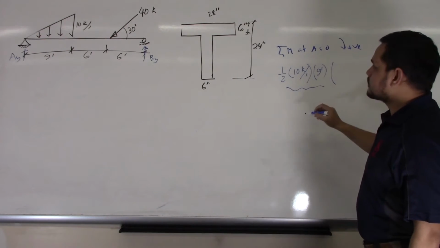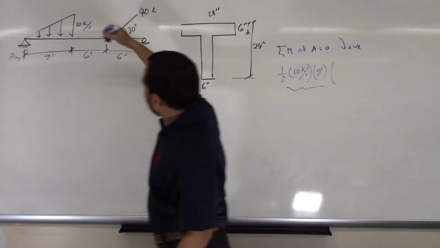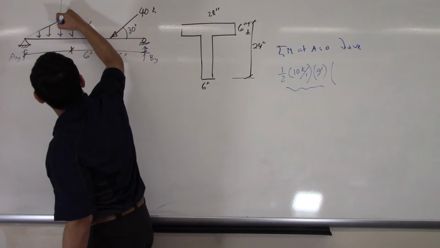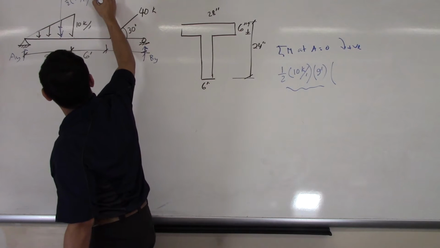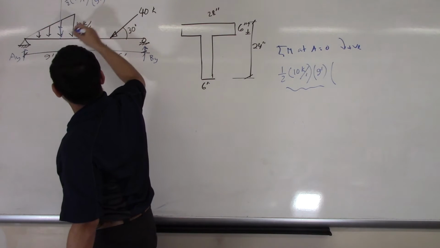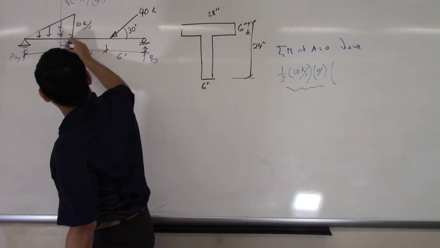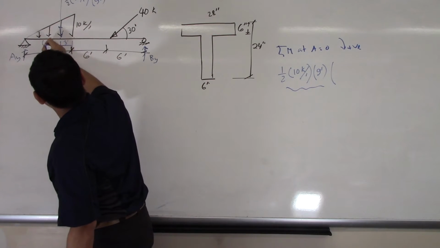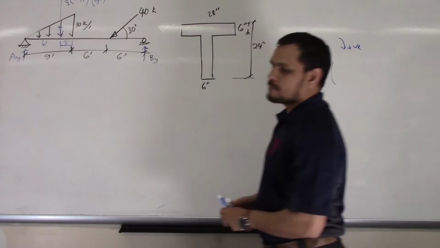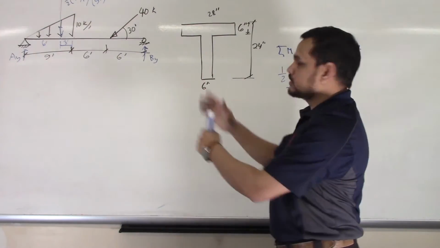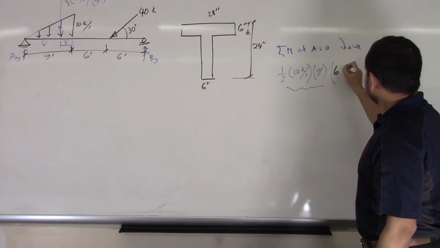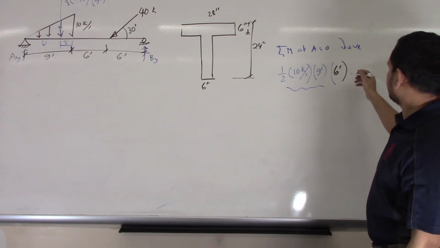So this is my force, and this is my lever arm: 3 feet here, 6 feet there, because for a triangle the centroid is at 2/3 and 1/3. So 6 feet here, clockwise positive.